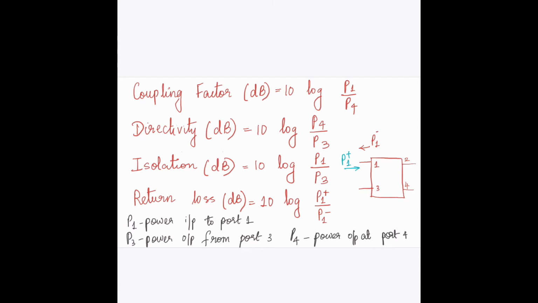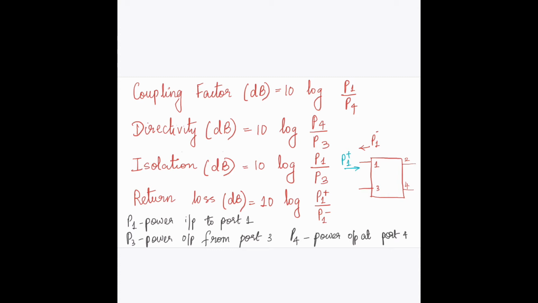Directivity is a measure of how well the forward travelling wave in the primary waveguide couples only to a specific port in the secondary waveguide. For an ideal directional coupler it will be infinite, but well designed directional couplers usually have a directivity of only 30 to 35 dB.